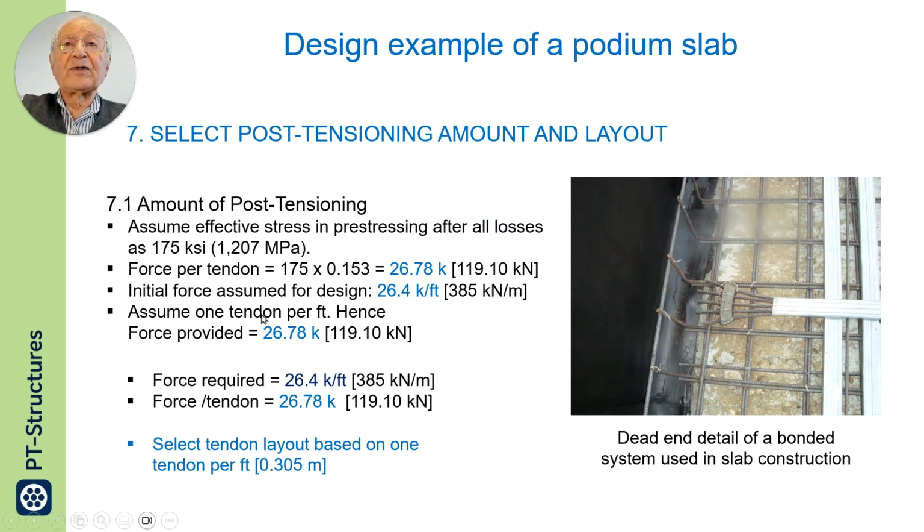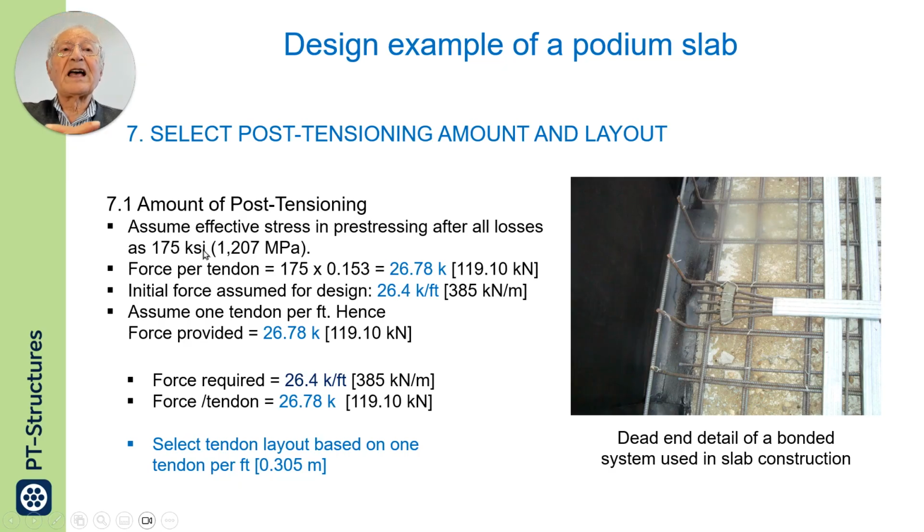Now, for this amount of precompression, I need to select a tendon layout. I know that the effective stress in the prestressing steel strand is about 175 ksi.